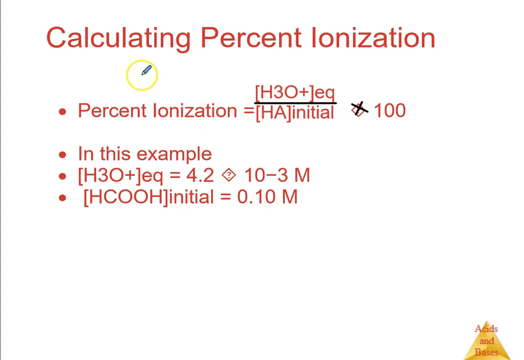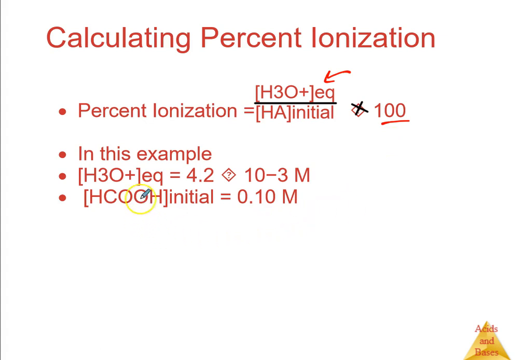All right, percent ionization. It looks a lot like what we just did, where we take the concentration of H plus and divide it by the initial. But this time we don't square it or anything. We just divide it by that and times it by 100, because that's how you find percentages.